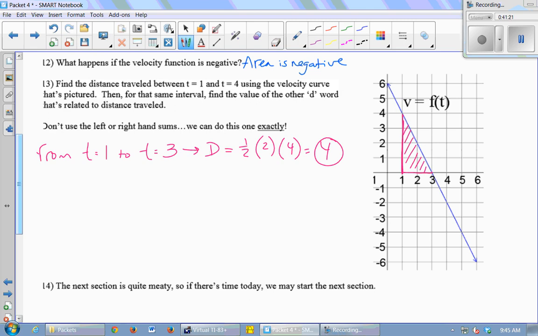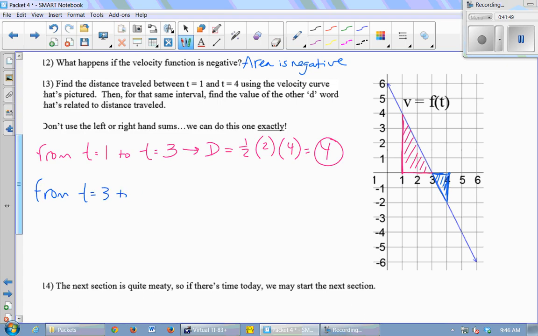And then I reversed direction, because my velocity was positive here. I was slowing down, came to a stop. And then I started traveling in the other direction from t equals 3 to t equals 4. So I'll do that in another color. That area tells me how far I reversed.